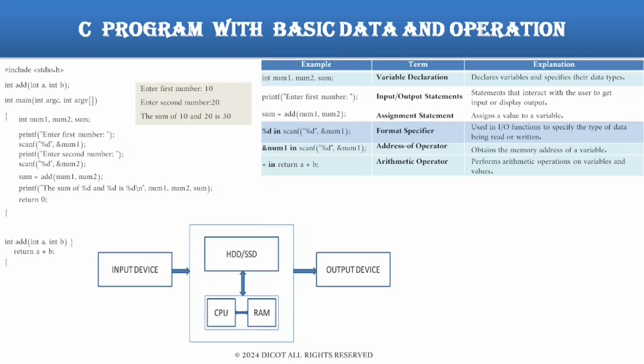This is the basic layout of a computer system. A computer system has an input device, an output device, a secondary storage like hard disk, CPU and RAM. CPU and RAM are electronic chips present on the motherboard inside the cabinet.